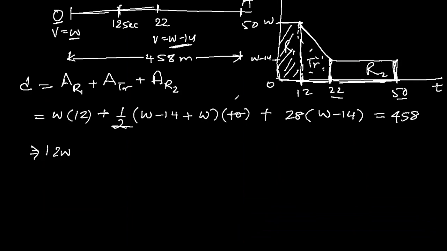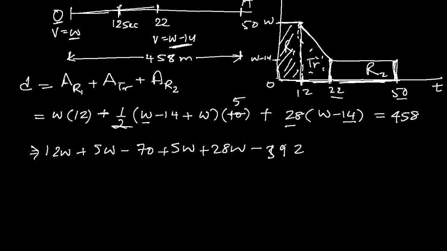All right. So it becomes 12W, plus half times 10, we can cancel 2 and 10, so plus 5W, W times 5, minus 14 times 5 is 70, plus 28W minus 28 times 14, which is 392, equal to 458.